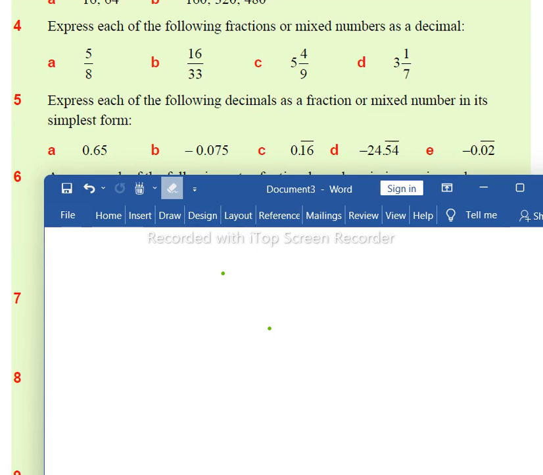Let us move to question number 5. The question says: express each of the following decimals as a fraction or mixed number in its simplest form. We can write this in fraction form or in mixed number.